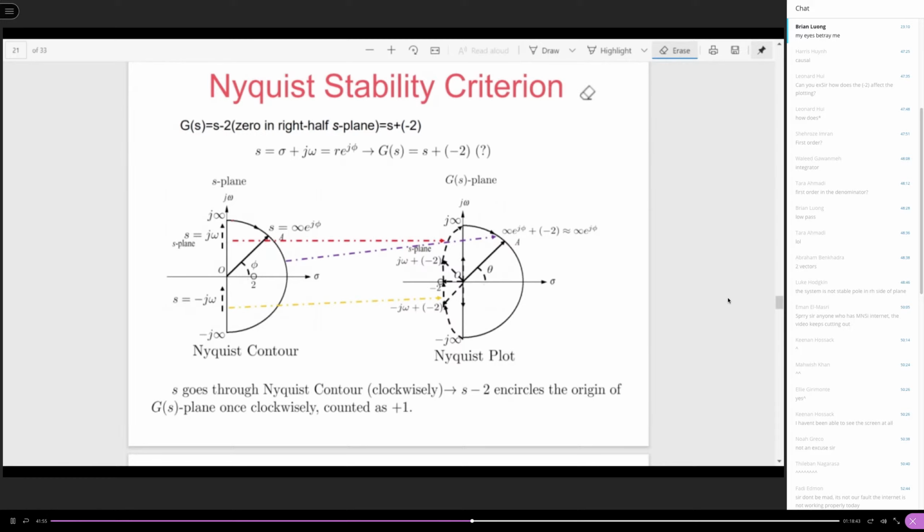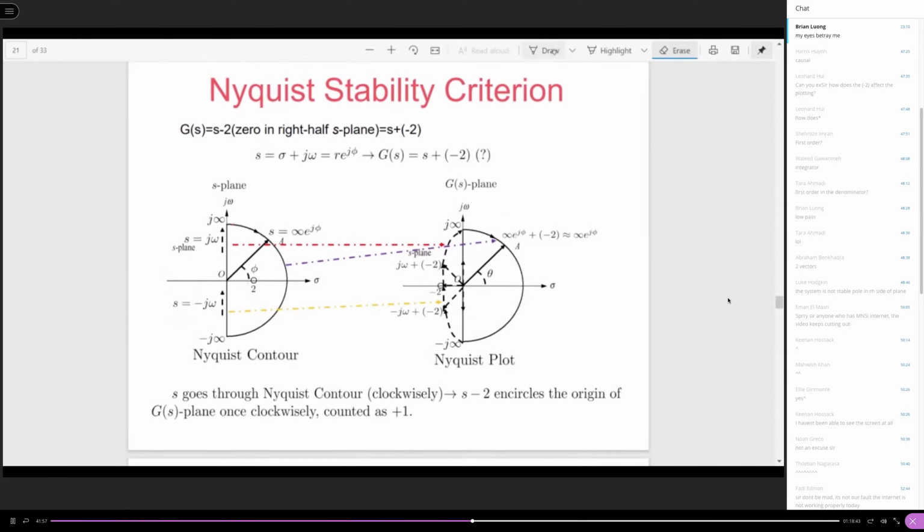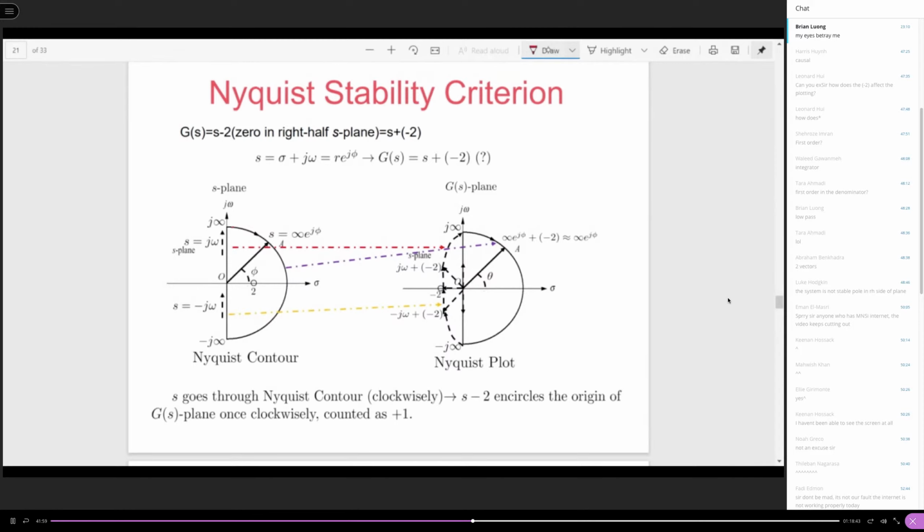First thing, to give it a better evaluation, I'm going to write s minus 2 as s plus minus 2. Why like that? Because this way allows me to treat s as a vector, and minus 2 as a vector, so I can characterize this as a sum of 2 vectors.